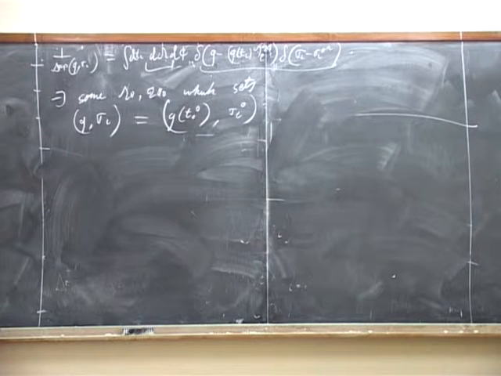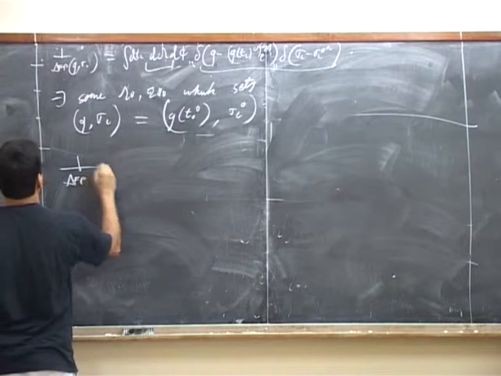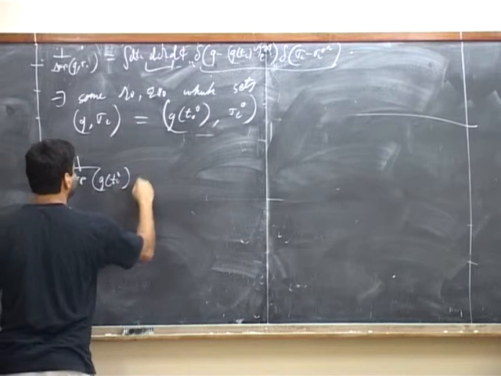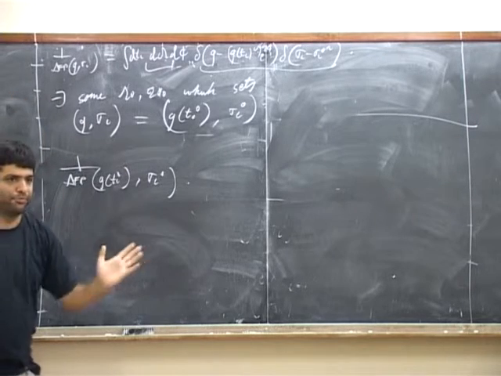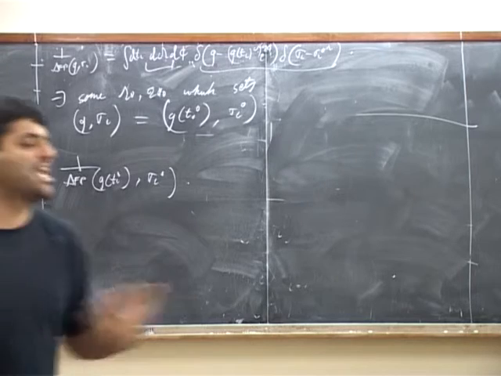So we will compute 1 over delta FP of g of t i naught and sigma, because that's the same thing that we wanted to compute before. Because these two are related by gauge transformations, we've demonstrated that delta FP is gauge invariant.